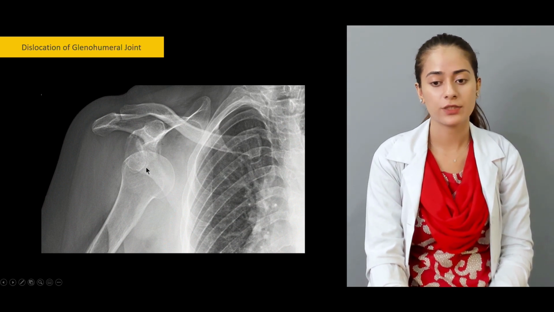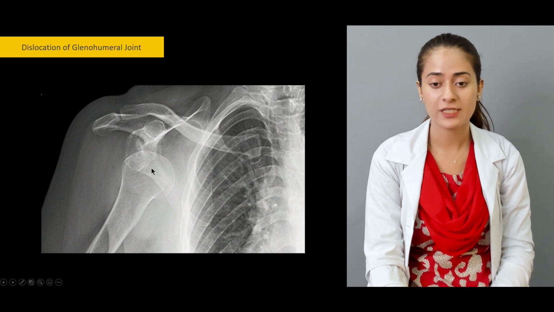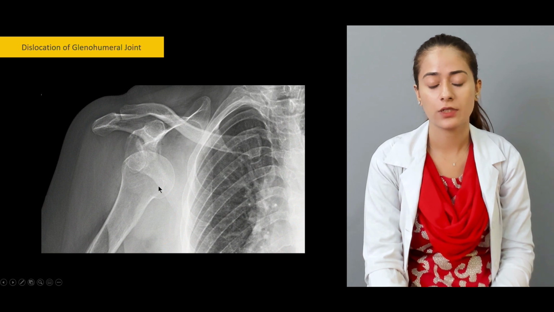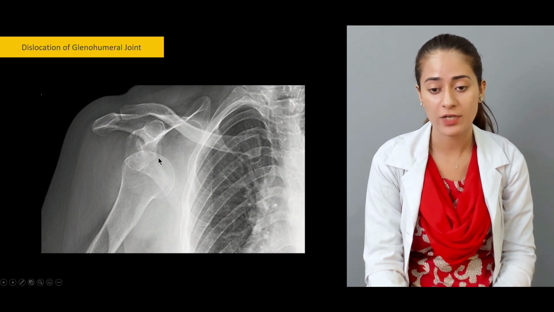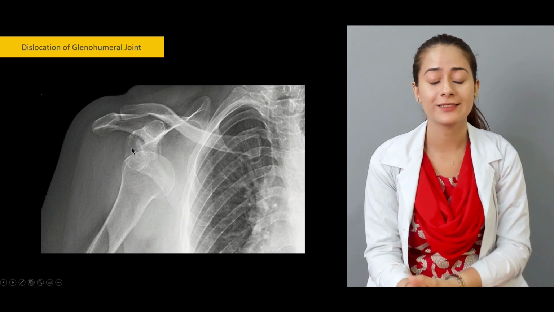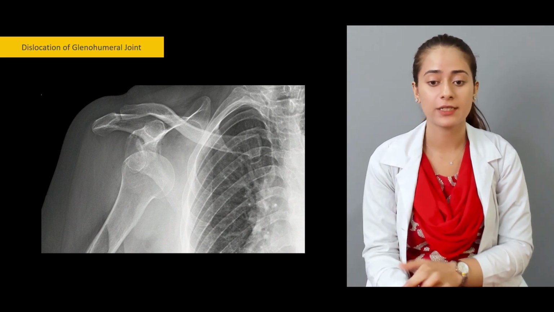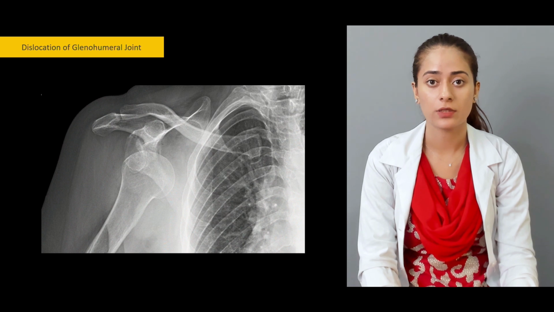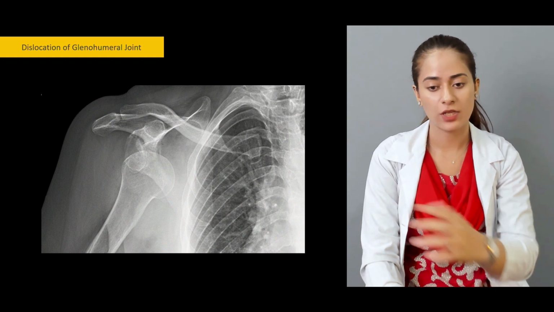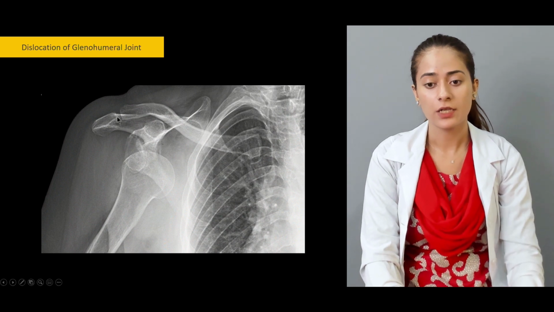We will talk about what happens even after the reduction and the proper placement of this humeral head, even when it has returned to its anatomical position. There are certain things that should be kept in mind, like the Hill-Sachs lesion and what happens to the inferior surface of the glenoid labrum.